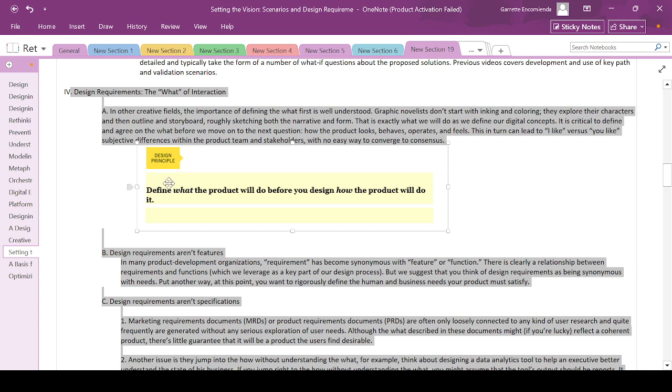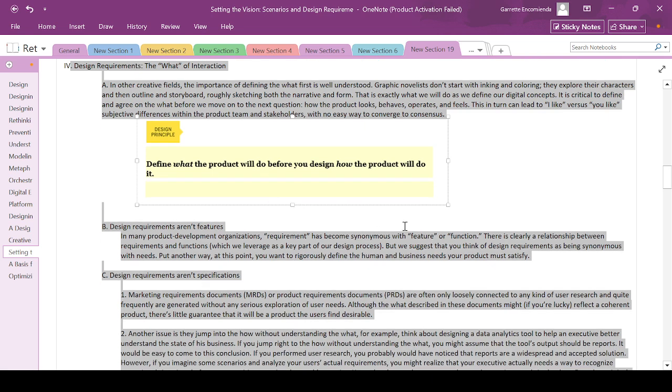So the design principle: define what the product will do before you design how the product will do it, so that you have a way to communicate with the stakeholders to avoid confusion and misunderstanding in this collaboration.